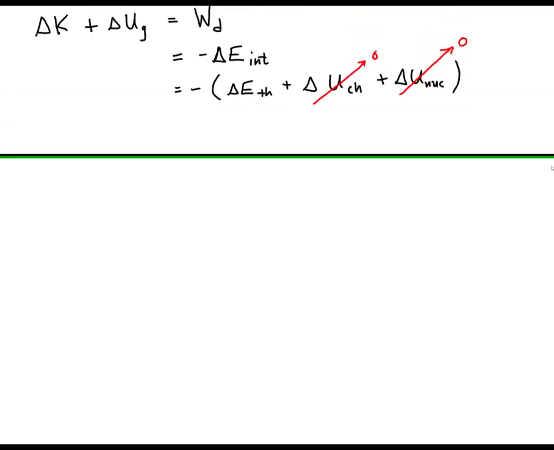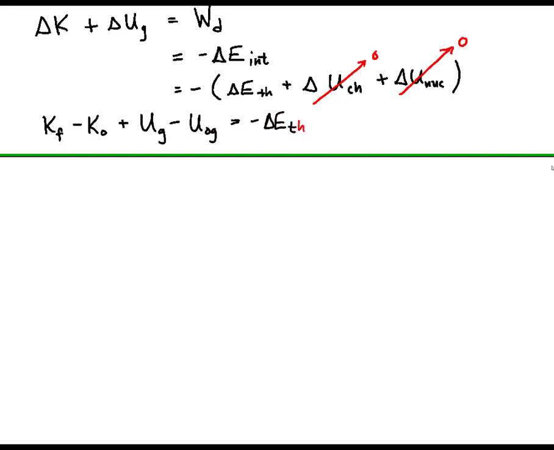So writing conservation of energy out, and I am now going to expand kinetic and potential energy. So I now have change of kinetic energy, which is the final kinetic energy minus the initial kinetic energy, plus the change of gravitational potential energy, which is gravitational potential energy final minus gravitational potential energy initial. And that's equal to the work done by air resistance, which is just the change of thermal energy.